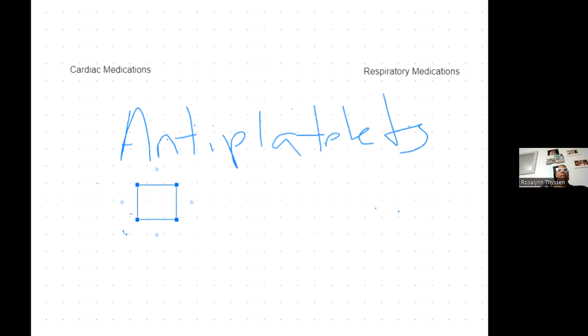But with antiplatelets, we don't have to check any blood levels. That's one of the benefits of being on an antiplatelet. But we still have the risk of bleeding. If somebody is allergic to NSAIDs, they probably should not get an antiplatelet like aspirin because they work very similarly. If somebody has stomach ulcers, should they get an antiplatelet or an anticoagulant?